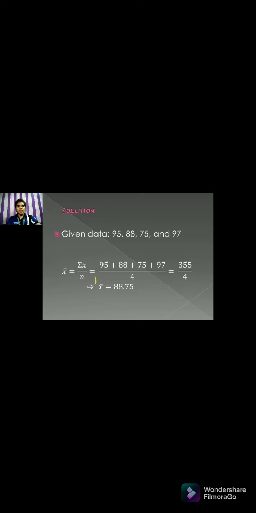X bar equals the summation of x over n, equals, write down the given data, 95 plus 88 plus 75 plus 97 divided by 4 because we have 4 data, equals 355 over 4.